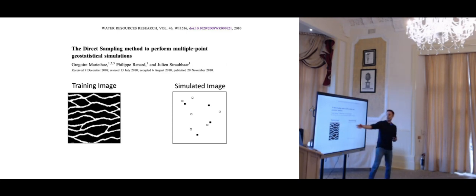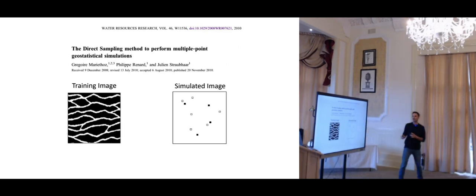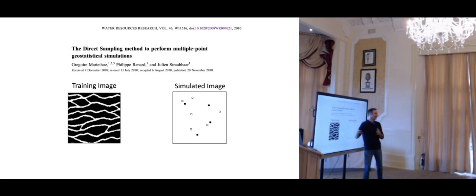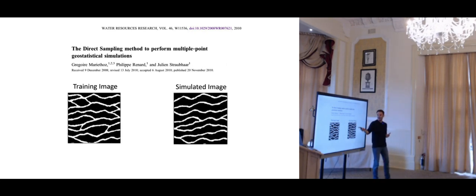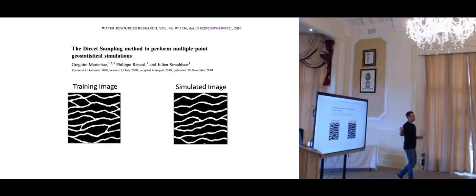Here, for example, we are in hydrogeology, where we have rivers that have a different porosity than the background. And so I want the simulated image to look like this texture. So I want to use this texture as prior information in my interpolation problem. And when this algorithm is run, we have an image where the points have been interpolated, and this image looks like the image on the left here.